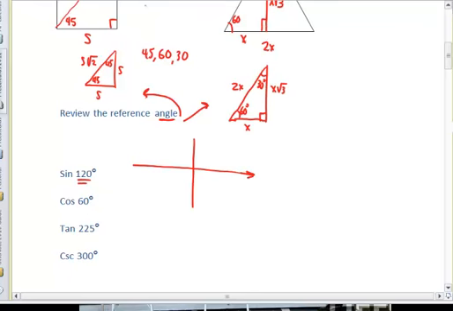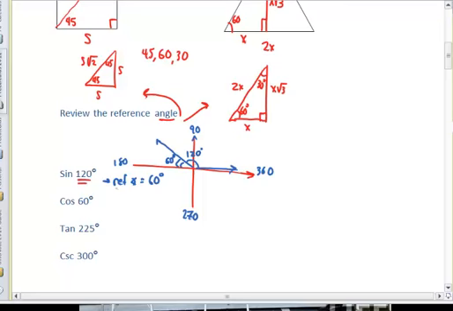For the sine of 120, I'm going to open up the angle to 120 degrees. Remember, this is 90 and this is 180. These are like our mile markers that tell us where we are exactly. This is 270 and 360. So 120 degrees has a reference angle of 60 degrees, because 120 plus 60 will give us 180. For this angle right here, I would write the reference angle is equal to 60 degrees.